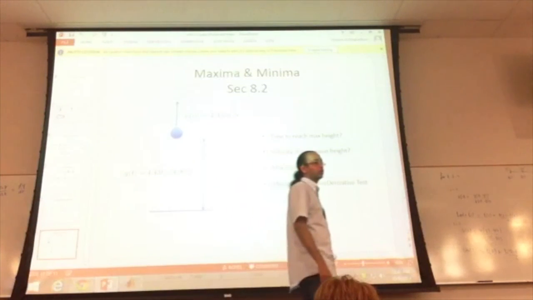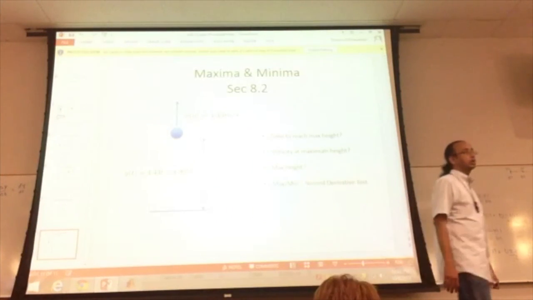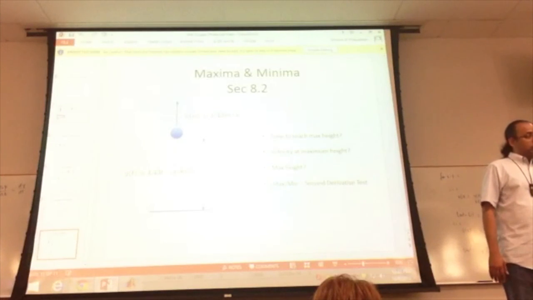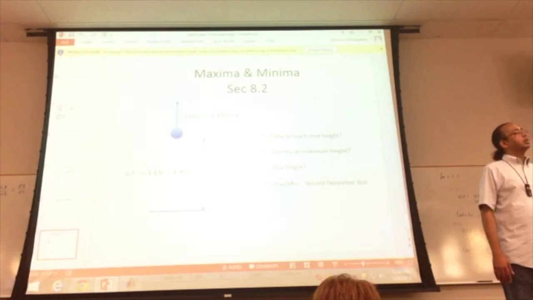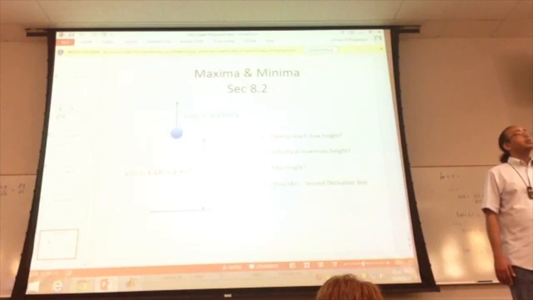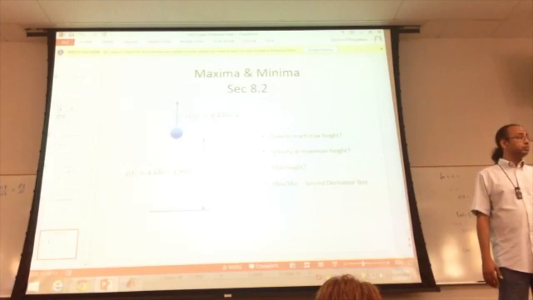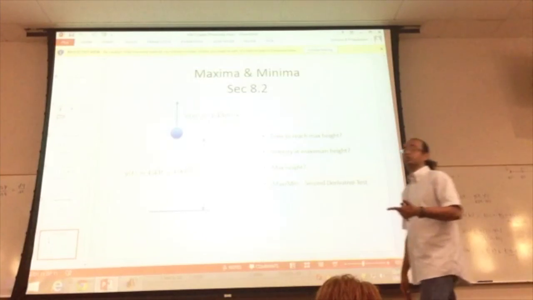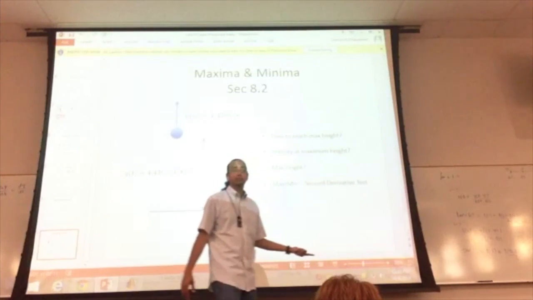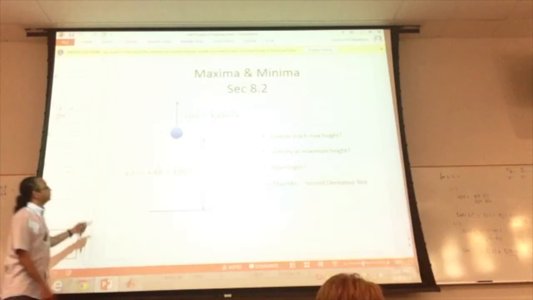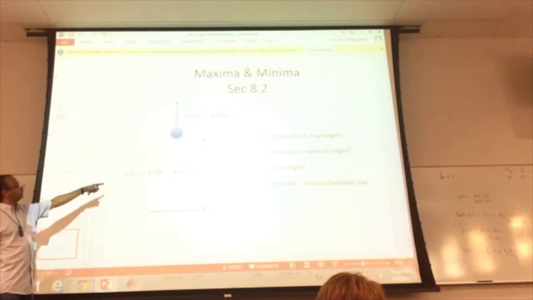It's maximum when it goes from positive to negative in the first derivative. When the second derivative is less than 0, you have a maxima. And when the second derivative is greater than 0, you have a minima.